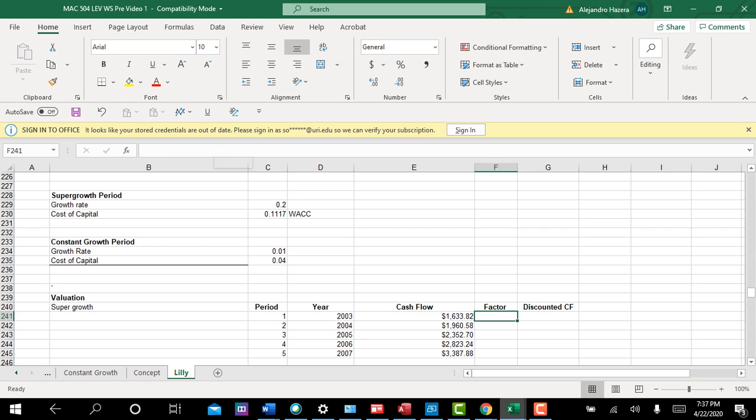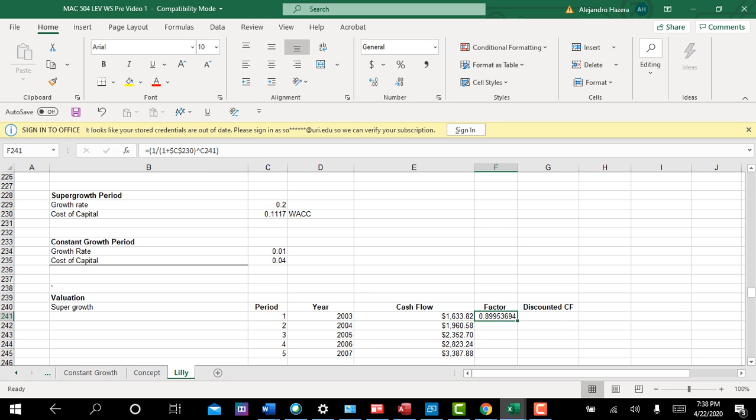Okay, now we'll do our discount factors. The discount factor is going to be 1 divided by 1 plus the weighted average cost of capital from above, and I'm going to raise it to the first period here. That looks appropriate, and I will freeze the C and the 230.